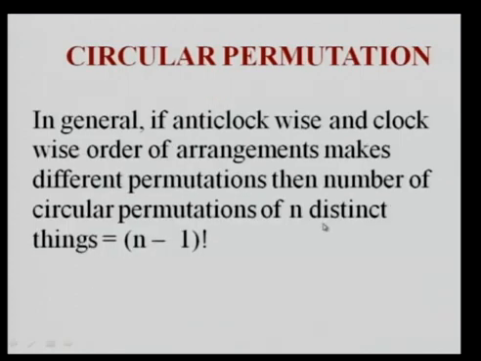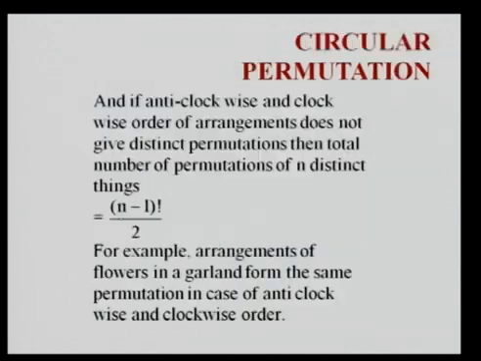If we want to arrange n people around a table, then the possible number of ways that they can sit is factorial n minus 1. Then if anti-clockwise and clockwise order of arrangements does not give distinct permutations, then the total number of permutations of n distinct things is half, because the total circular permutations were factorial n minus 1.